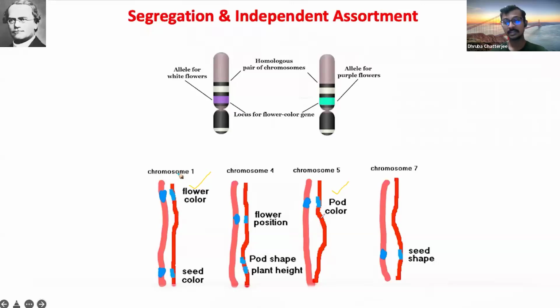Because in reality, some of the genes that regulate different phenotypes may be located very close to one another. Like two genes, for example, seed shape in this case is different from pod color. But if the seed shape governing genes were very close to the pod color governing genes, then there is something called linkage. That means recombination doesn't happen between these genes which are placed so close to one another.